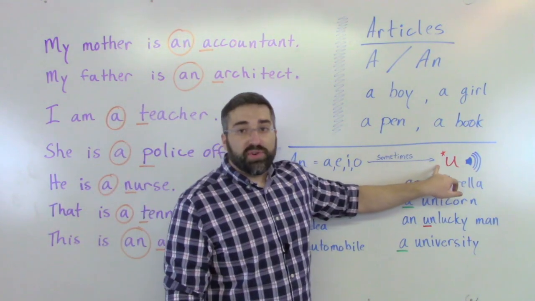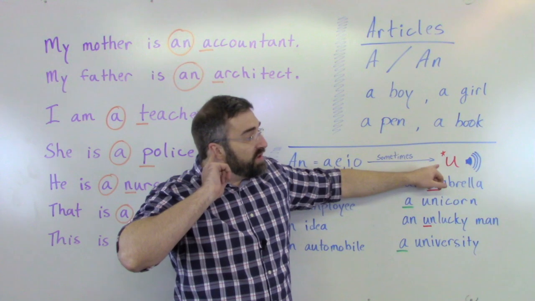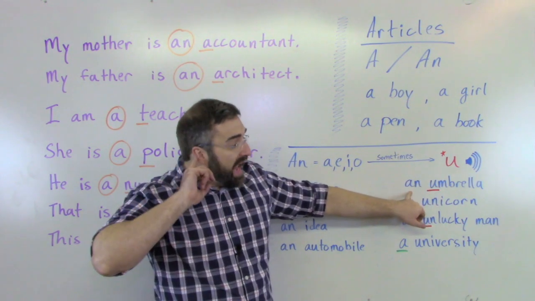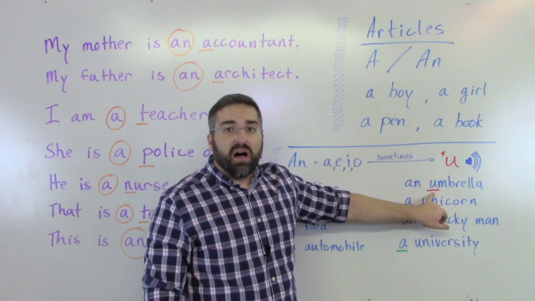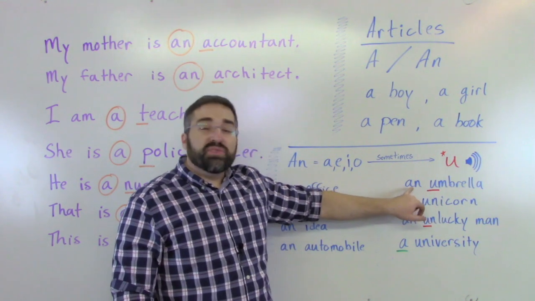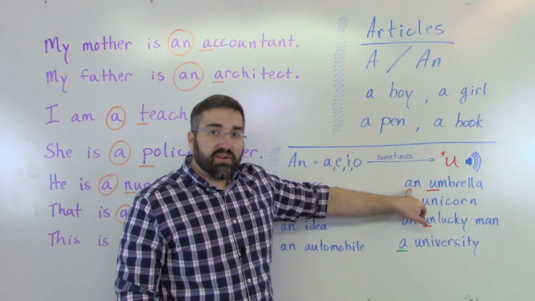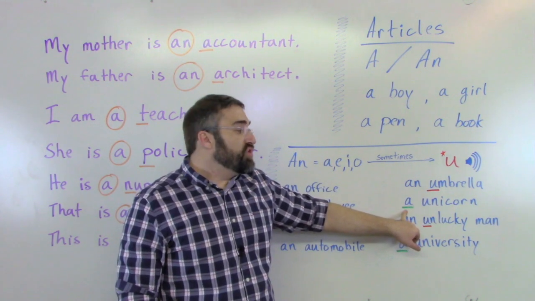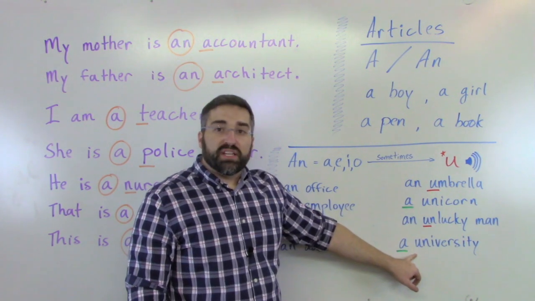Now, with U, we have to listen to the sound. So an, and listen, an umbrella, umbrella. So we use an with these sounds. A with Y, unicorn, unicorn and university.